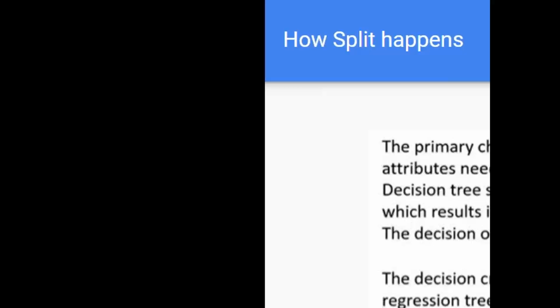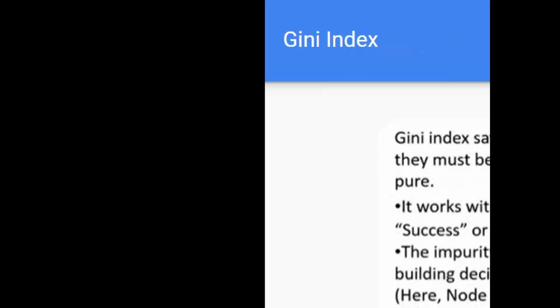So how does the split have to happen? There are three techniques for that: Gini index, chi-square, and information gain and entropy. The Gini index assumes that the population from which you are trying to segregate the data is of the same class, so we measure the purity of the data.